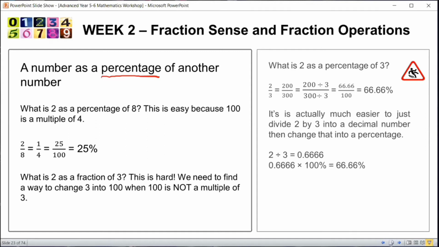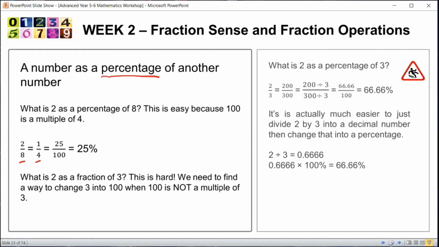Here we have 2 out of 8. Now we simplify to get 1 out of 4. Then we need the bottom to become 100 because we want a percentage. If we times 25 with 4, we get 100. So we times the top with 25 as well. Now we have 25 out of 100, so we write 25%. That's what you do.